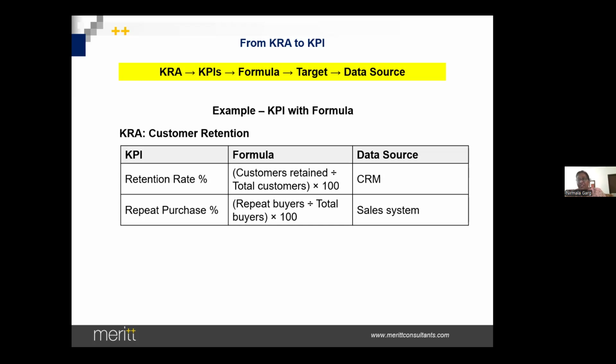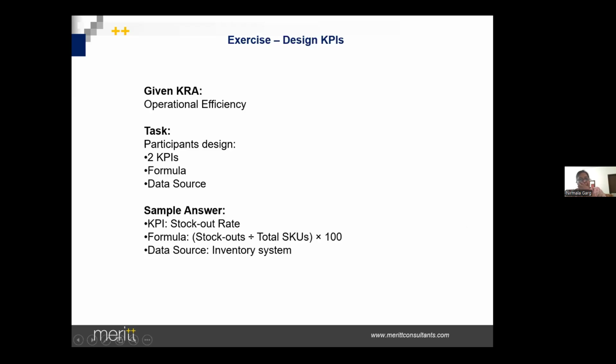Repeat percentage means clients who are coming to buy repeatedly. From where will you get that data? From your sales system. Please put up your hand wherever you need a clarification. Otherwise, I will assume that things are going fine.